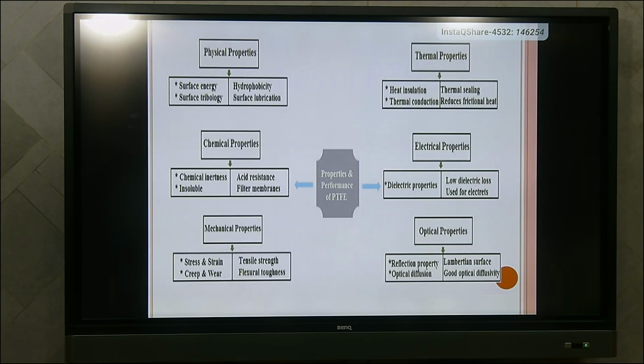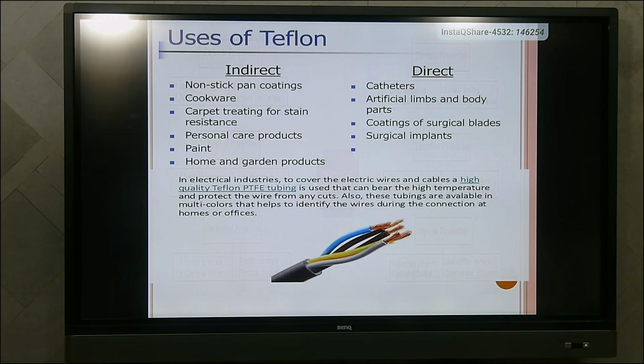Here are some physical and thermal properties which has been explained earlier. Some of the applications of the Teflon are given here. They can be used as personal care products, home and gardening products, carpets, and even in the athletic shoes.